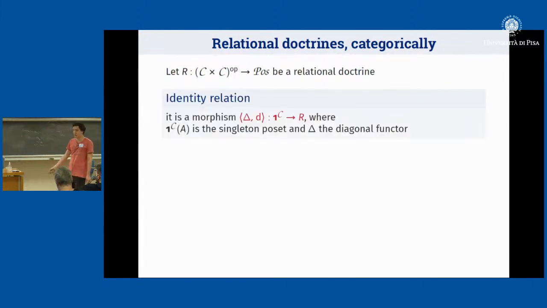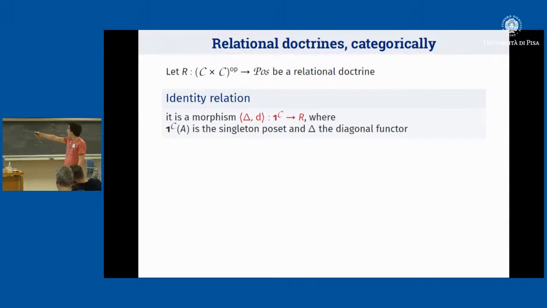It's just a morphism from the trivial doctrine, which maps every object in C to the singleton poset, to our doctrine of relations, which has as functor between base categories the diagonal functor, which says that we want the identity relation to be a relation with the same domain and codomain.